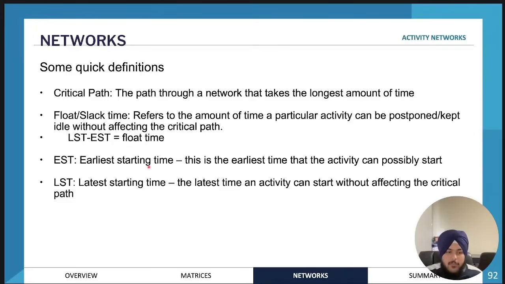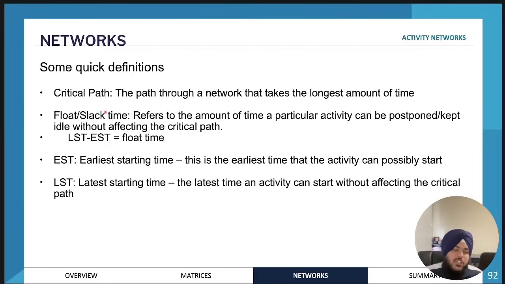The latest starting time is the latest time that an activity can be started without affecting the critical path. The goal of critical path analysis is not to affect the critical path, because if we do, we increase the amount of time it takes to finish the project.